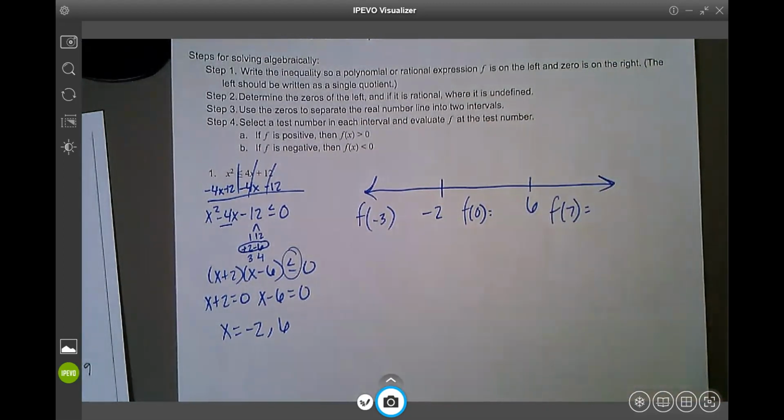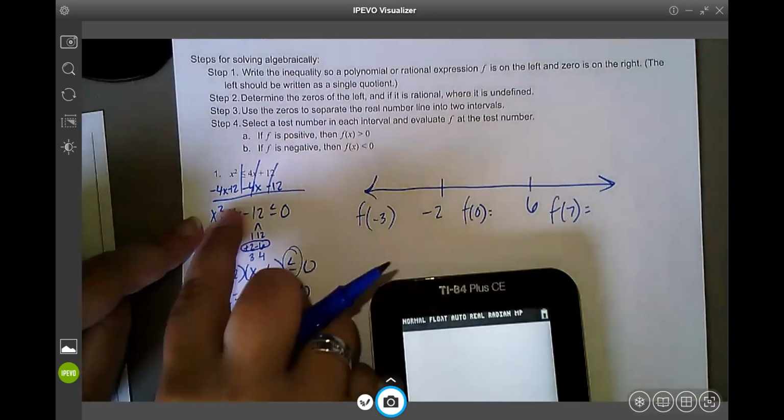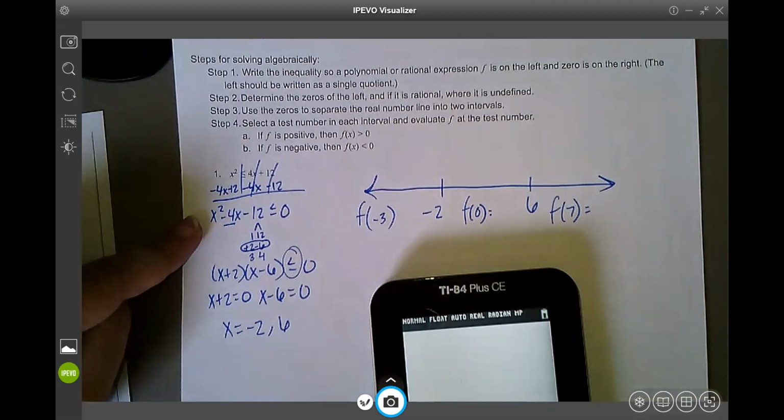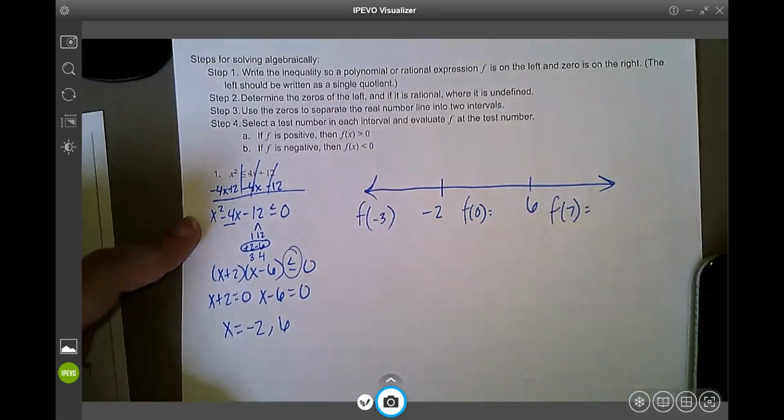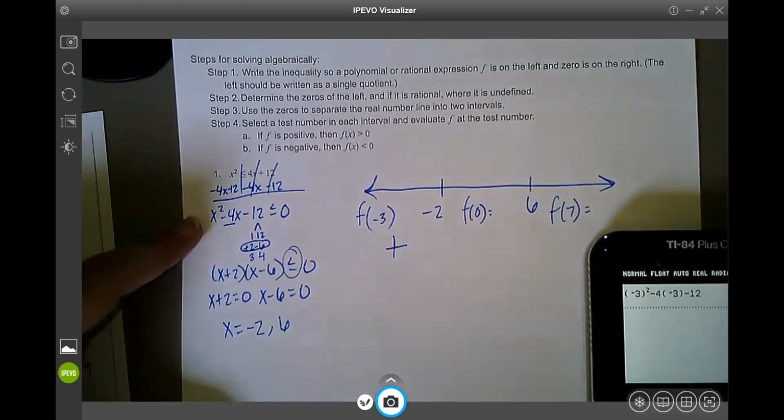And what I'm doing is I'm just plugging those values in to my equation here to see if it's positive or negative. I don't really care the value. I just need to know if it's above or below. So I have -3 squared minus 4 times -3 minus 12. That is +9. So it's positive here. It's going to be above the x-axis in that interval.